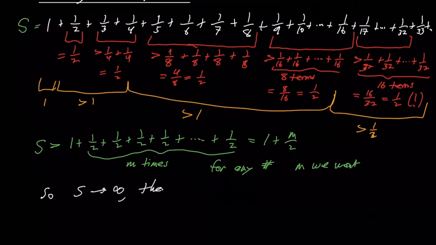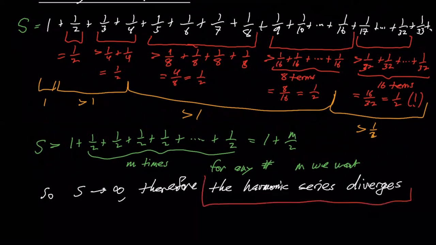Therefore, the harmonic series diverges. So this is a divergent infinite series. Oops, diverges. And that's very important. So the harmonic series diverges.